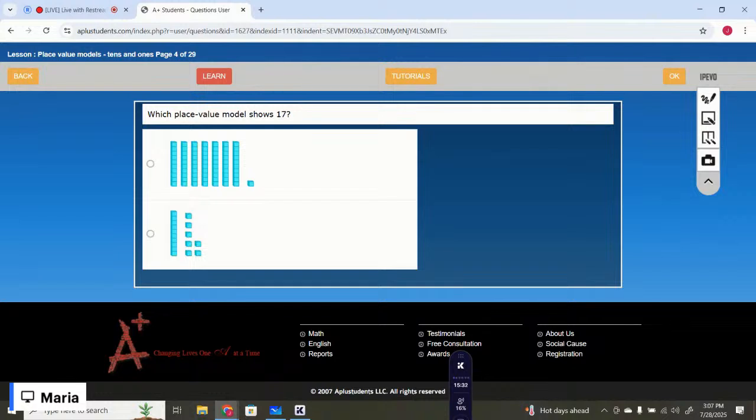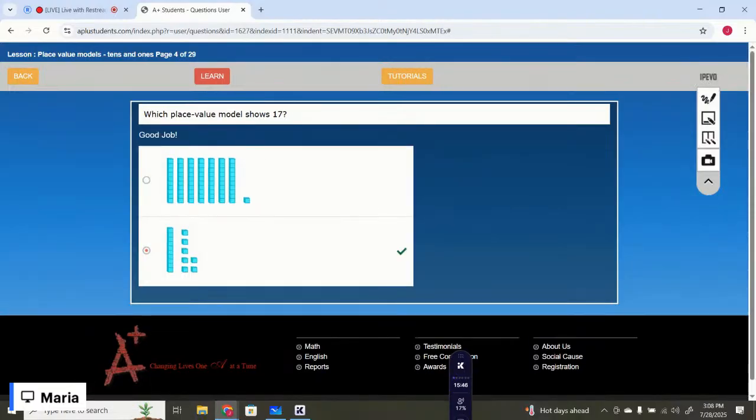Which place value model shows 17? 17 means 1 ten and 7 ones, right? So option number 2 is the correct option. That is 1 ten and 7 ones.